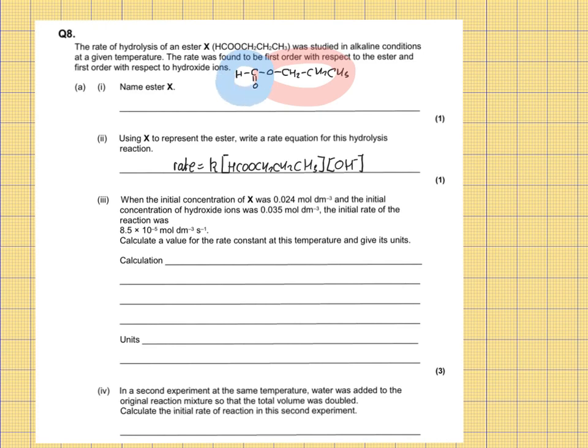So the name of this ester comes from the alcohol, and the stem of the alcohol is propyl because there are 3 carbons, and the stem of the carboxylic acid that it came from must be meth, because there's 1 carbon here. So it came from propanol and methanoic acid, so the name of the ester is propyl methanoate.